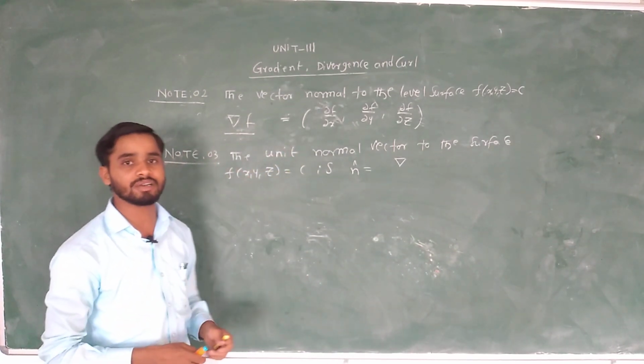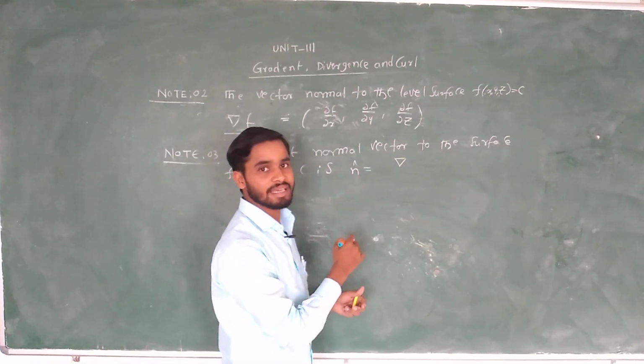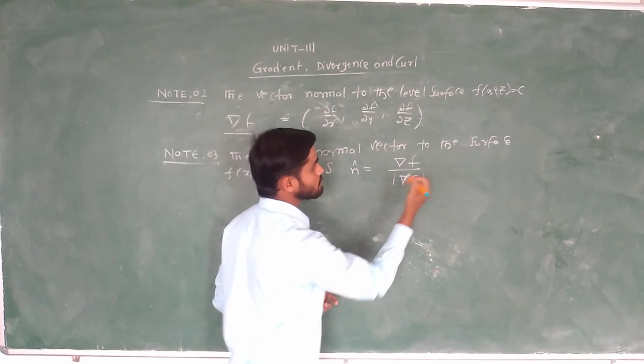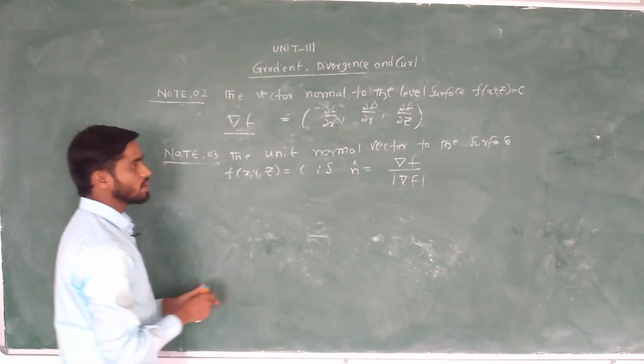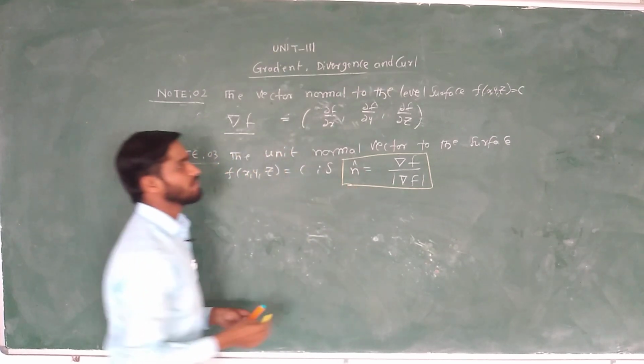To the surface, if you want to compute the unit normal vector, the formula is n cap is equal to del f by mod del f, del f by magnitude of del f. So that is the unit normal vector to the surface.